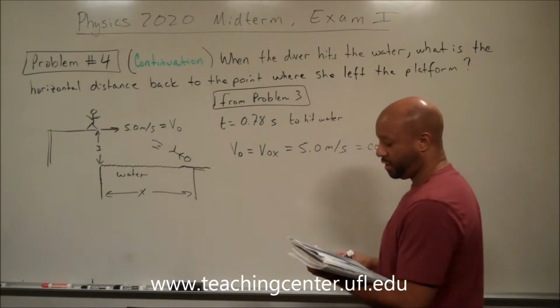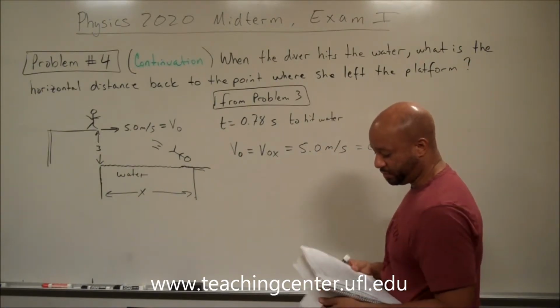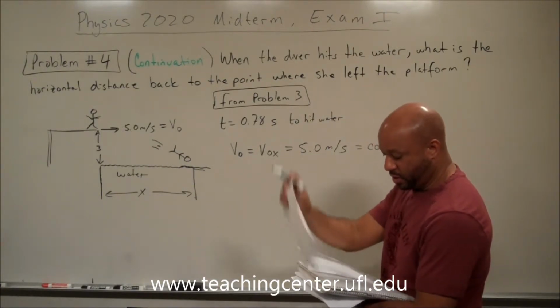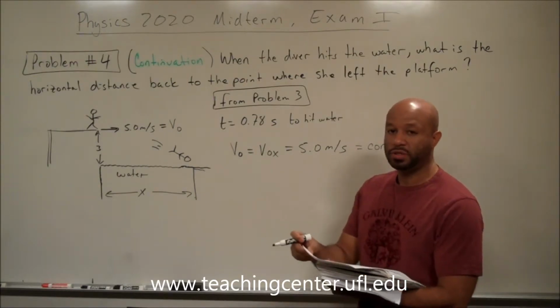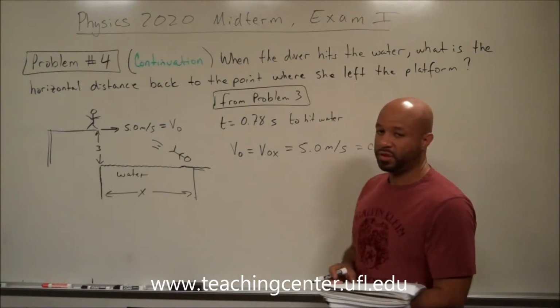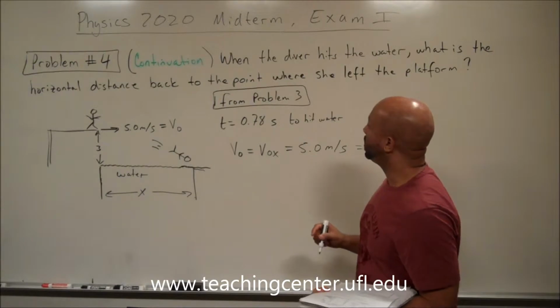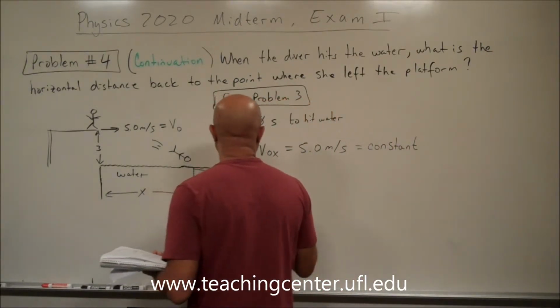Understanding this information, we can go to our formula sheet. We don't need to look at projectile motion anymore, since it's moving with constant velocity, and we want to find the distance back to the platform.